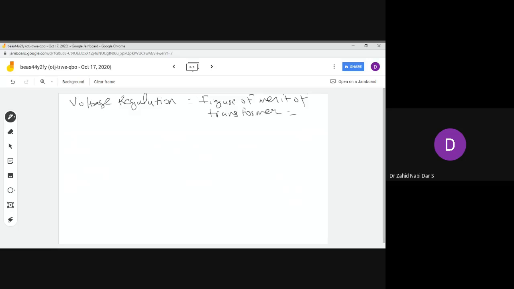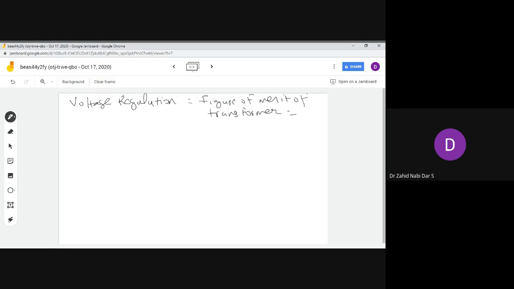When there is no load on the transformer, consider that you are at home, in a normal scenario, and suddenly you put on a press for ironing your clothes, and for washing you need a geyser.